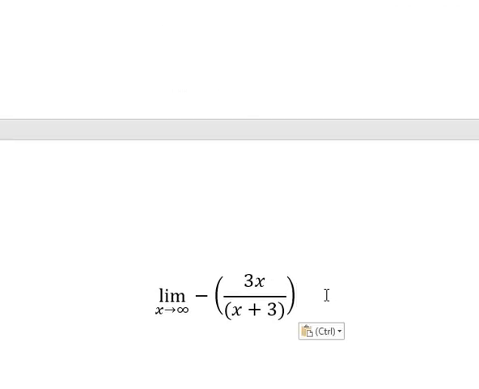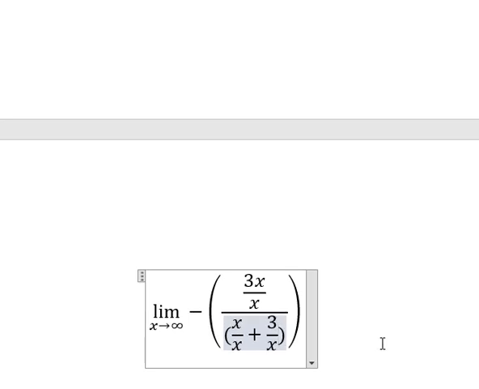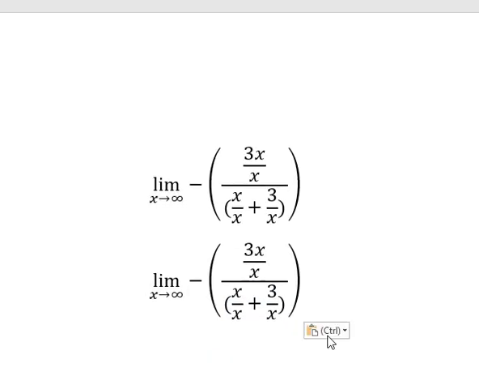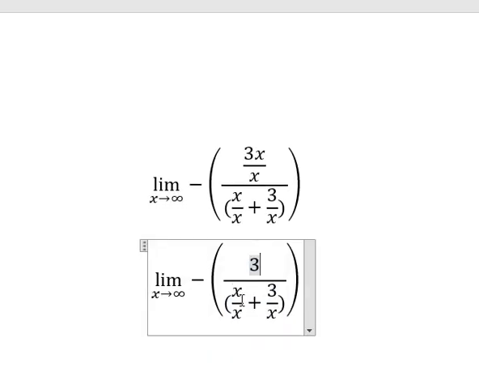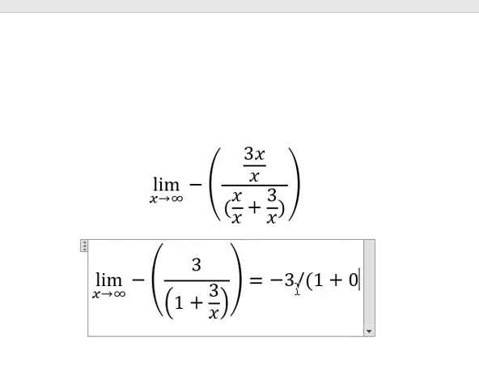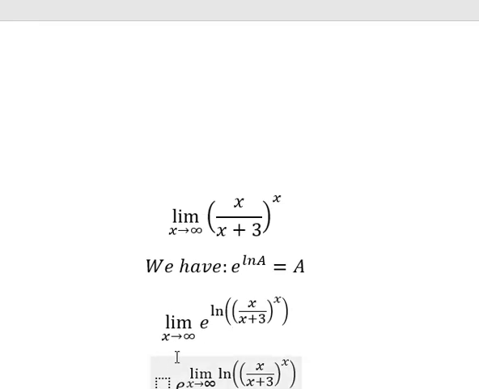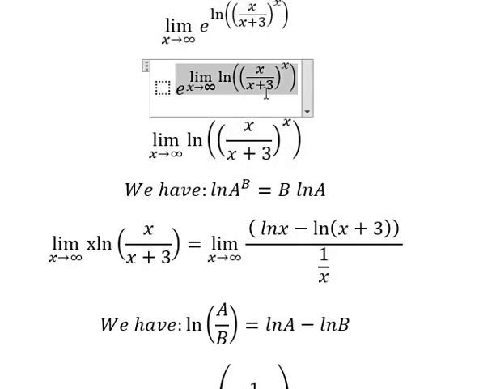Next, we divide by s on numerator and denominator. So we have number 3, we have number 1. When s approaches positive infinity, this one you got number 0. So we have this one.